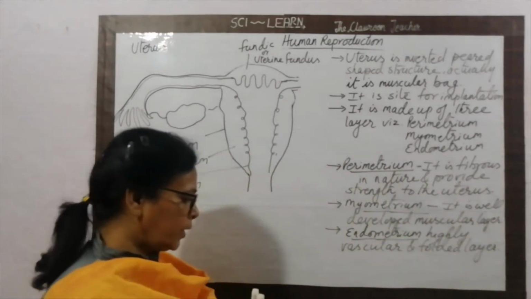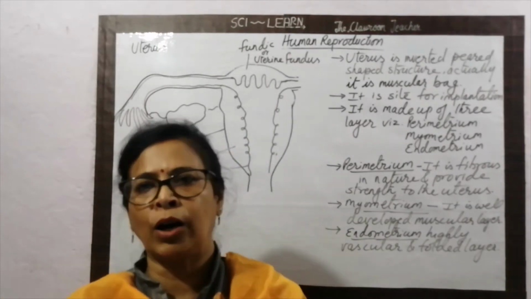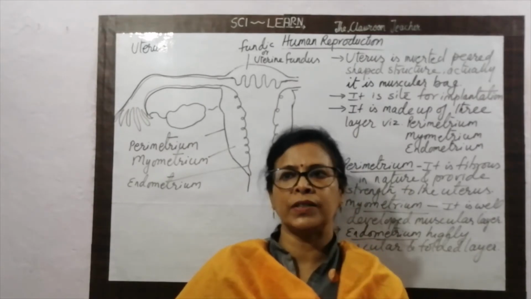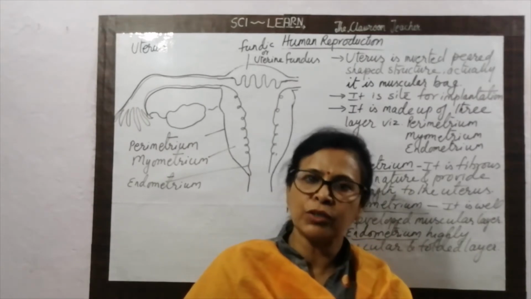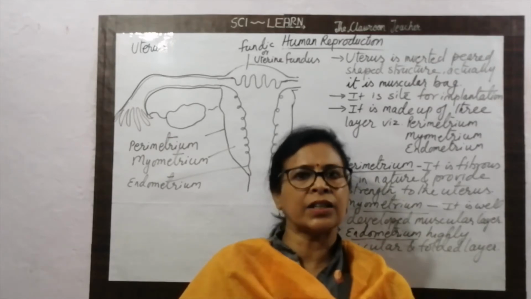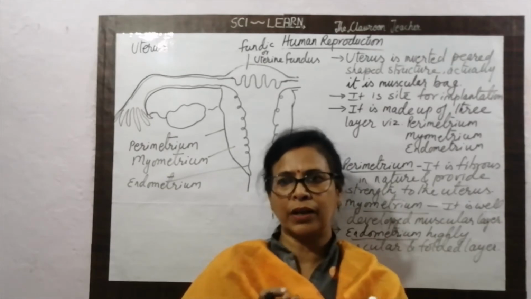The uterus is formed with the help of 3 layers: perimetrium, myometrium and endometrium. And what is the main purpose of these 3 layers? The main purpose is to provide elasticity and strength to the uterus. So this is about the uterus.